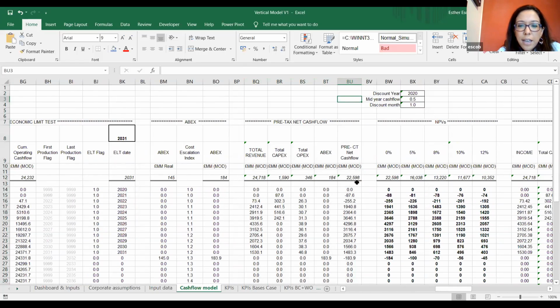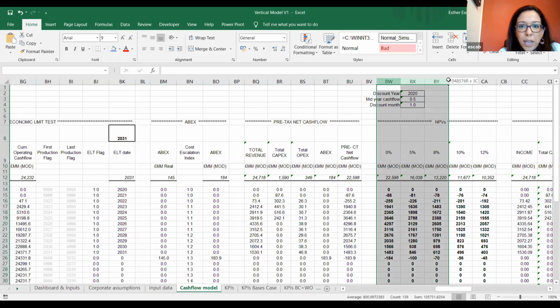In this case, we can present different ways, and the pre-tax cash flow is an MOD, but then we move to the decision-making tool, which is the NPV, the net present value, based on the discounted cash flow.